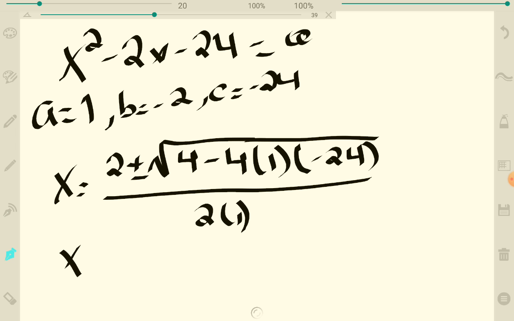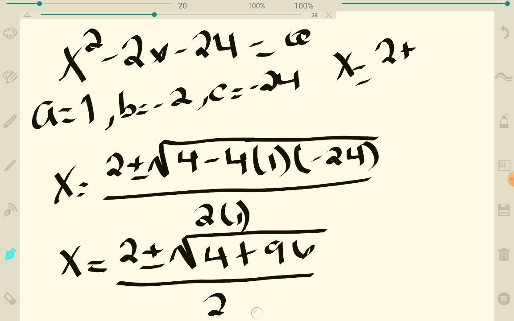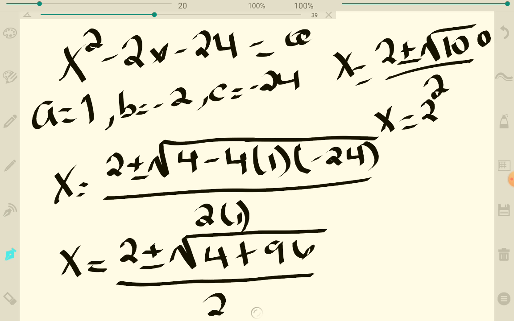And when we simplify, we get x equals 2 plus minus the square root of 4 plus 96, which is 100, over 2. And we get x equals 2 plus minus 10 over 2.